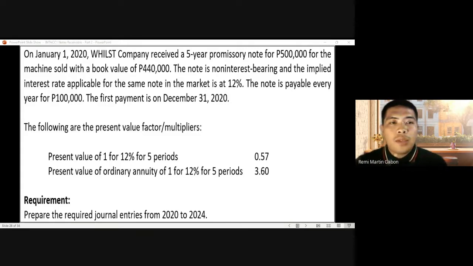Present value factors are 0.57 for PV of 1 and 3.60 for PV of ordinary annuity. Requirements: journal entries from 2020 to 2024.